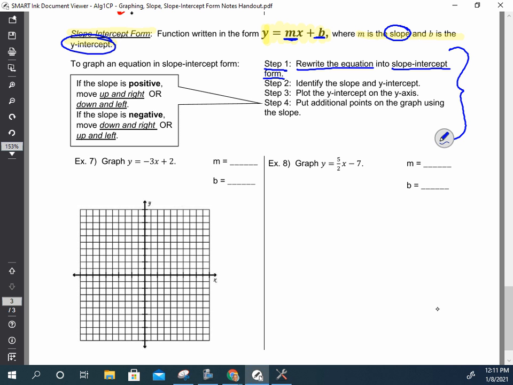On Monday, we start rewriting. Step 2, identify the slope and the y-intercept. Step 3, plot the y-intercept on the y-axis. Step 4, put additional points using the slope. That's what this box is for.